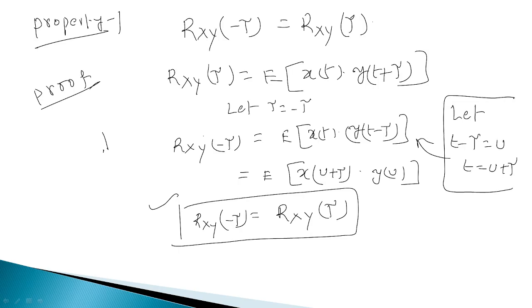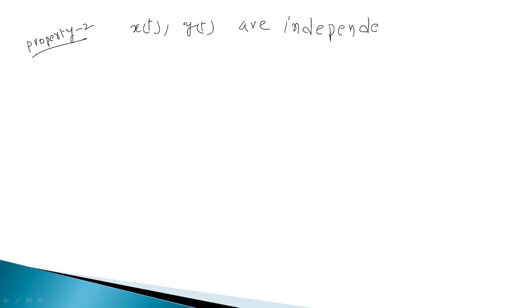One more important property, property 2: if x of t and y of t are independent random processes, then we can write the cross correlation R_XY of tau as E of x of t multiplied by E of y of t.